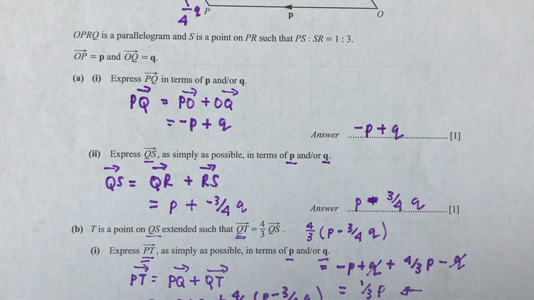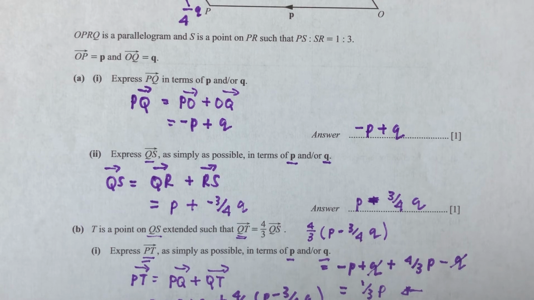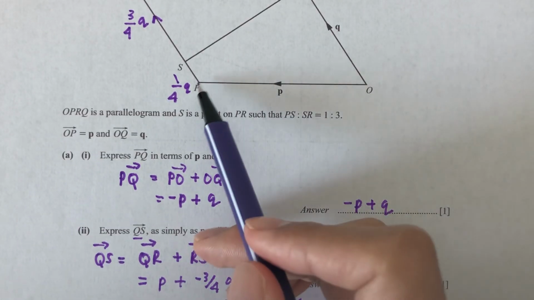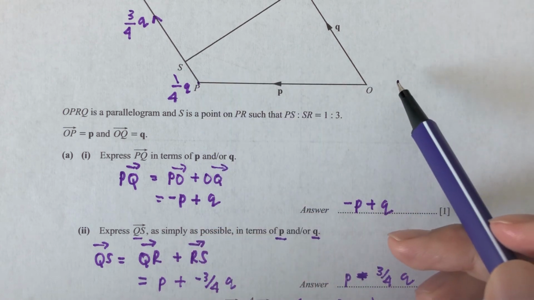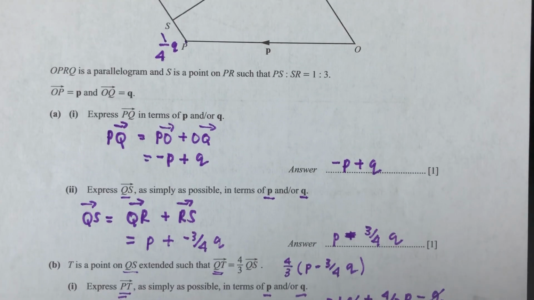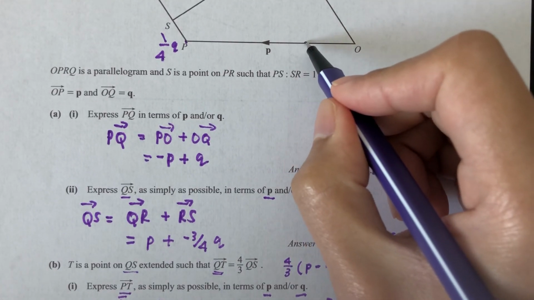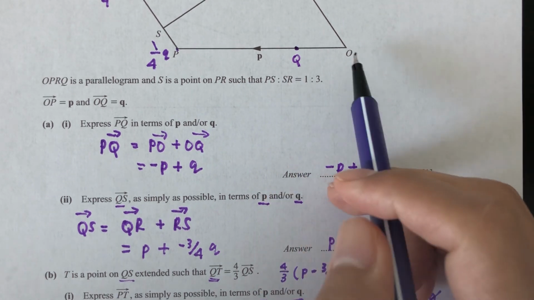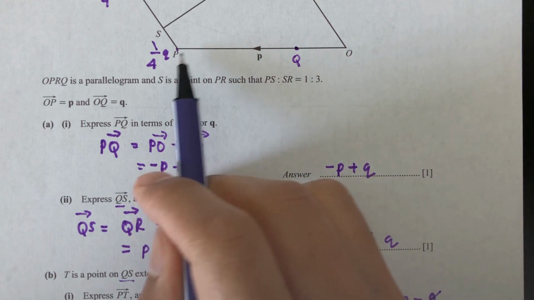Okay, so from this, what can we derive? What can you conclude from the points O, P, and T? You can see that the point O is here, the point P is here, and the point T is 1/3 of P, so it will be about here. Which means that the points O, T, and P lie on the same line.